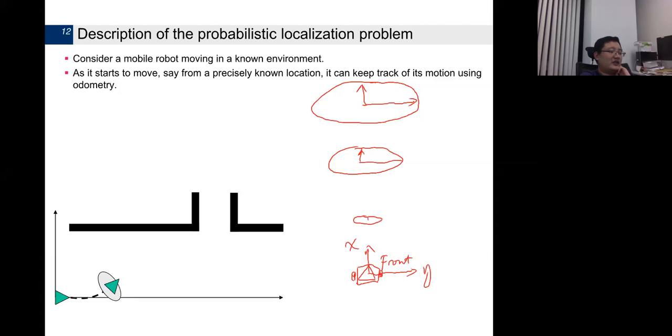The uncertainty in the X direction will grow a little bit slower than sigma Y.